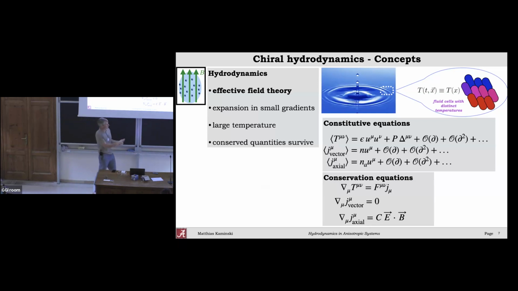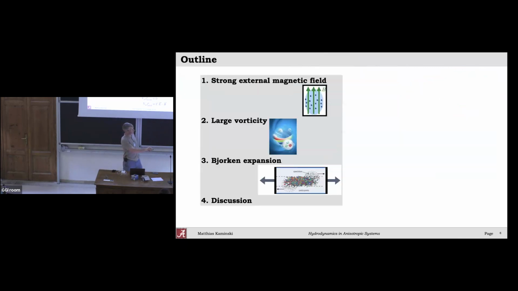We consider this as an effective field theory, meaning we are writing down an expansion in small gradients for the constitutive equation. There's the energy momentum tensor, the vector current, and an axial current in general. Then we want to take into account large temperatures compared to the frequencies and momenta of excitations around some equilibrium state. And the conserved quantities will survive after a long time. There's a conservation equation with a Joule heating term here.